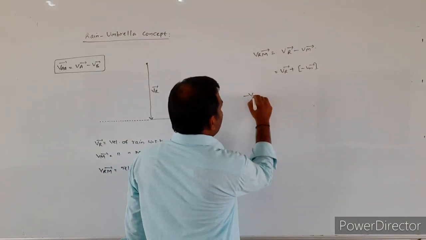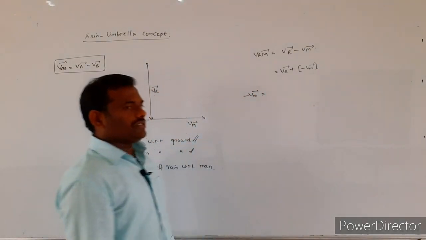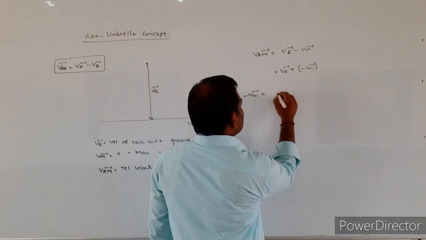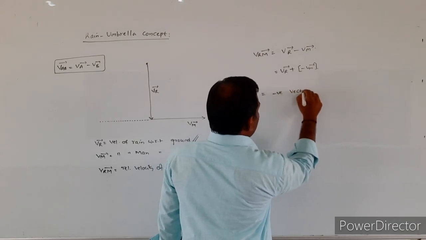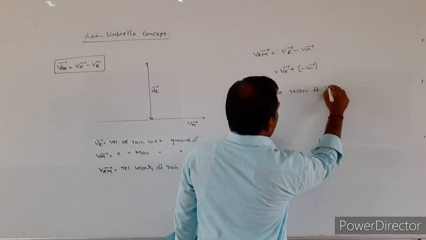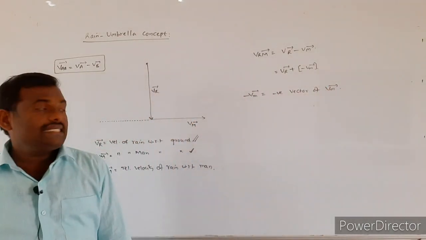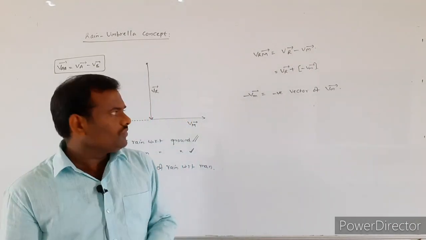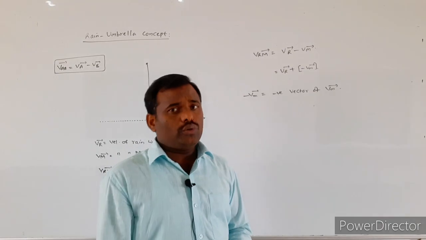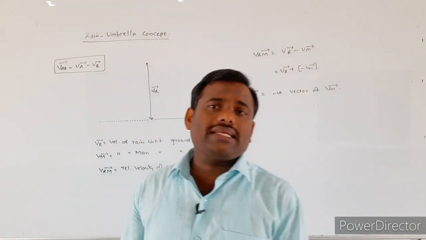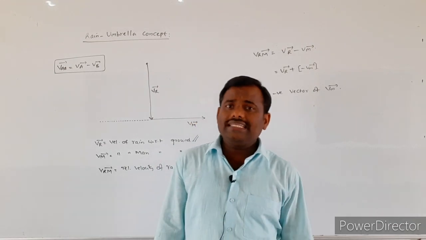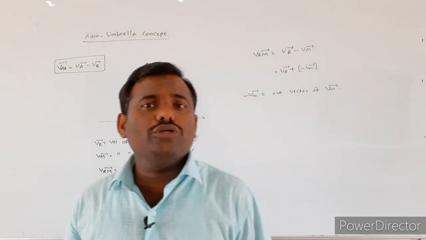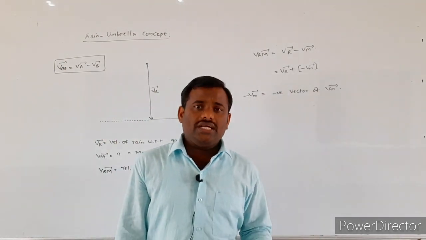Here minus Vm bar is representing the negative vector of Vm bar, the negative vector of the velocity of the man. What is meant by a negative vector? Already we know that to represent a negative vector for a given vector, it has the same magnitude but is represented in the opposite direction.